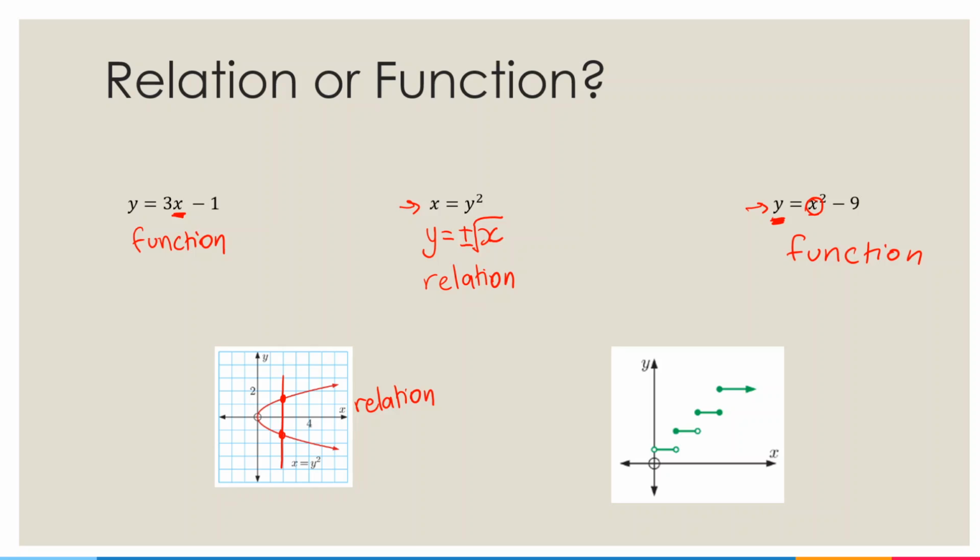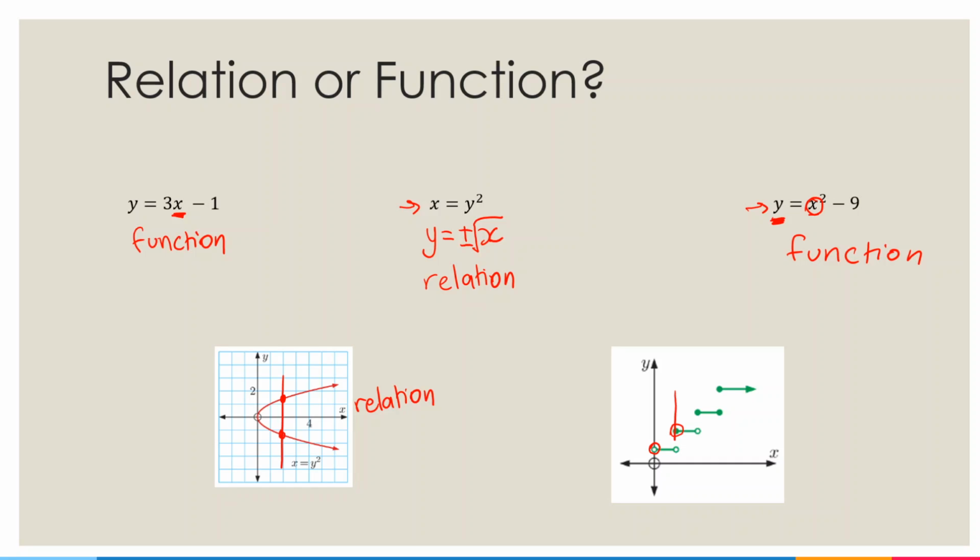And then in this last picture, we're going to do a horizontal line test as well. Just make sure you recall that if it's open, that means that point is not included, whereas this one here, which is filled in, means that we are including that point.